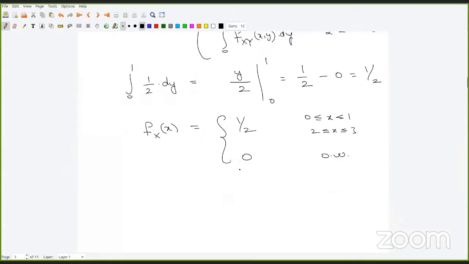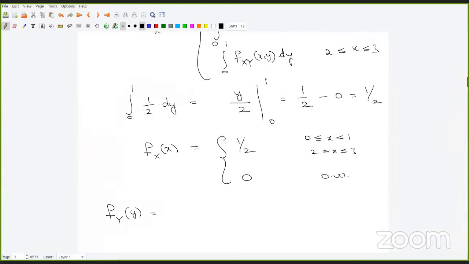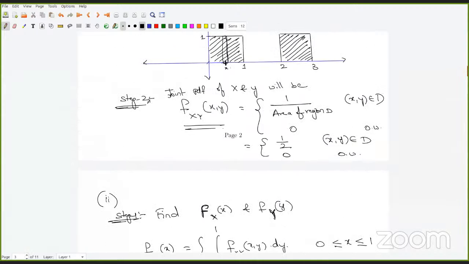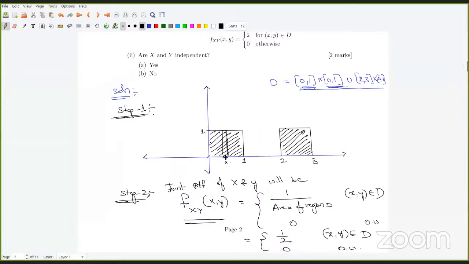So what will be the marginal density of y? It will be again x from 0 to 1, half dx, plus x from 2 to 3, half dx. If you see here, now you fix one y in between 0 and 1.